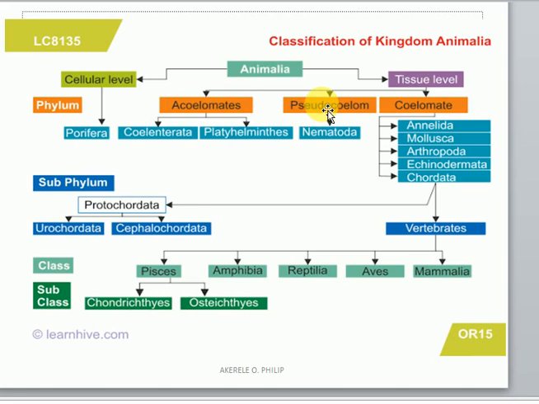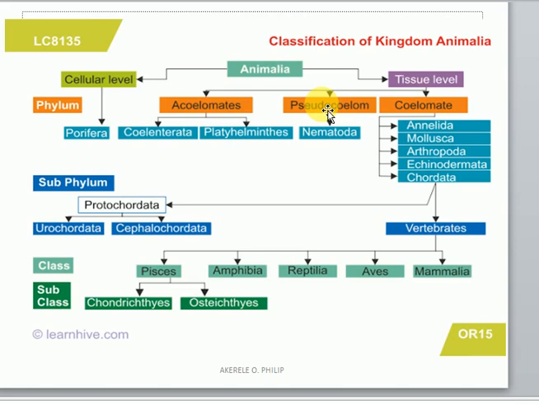Normally, a coelom is meant to be found within the mesoderm, because let me explain something here. We have three layers. Some organisms are diploblastic, which means they have two layers. Some are triploblastic, that means they have three layers. Now, if something is diploblastic, we only have ectoderm and endoderm.